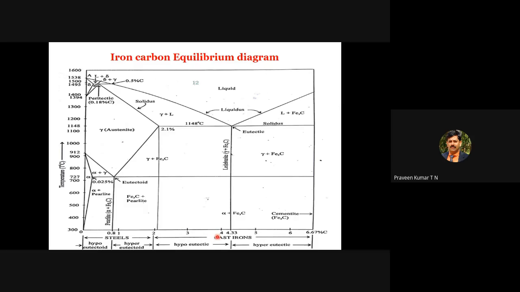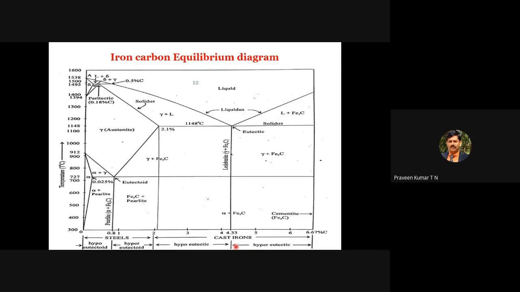Then again, in cast iron there are two types depending upon the eutectic composition. If the percentage of carbon is less than the eutectic composition, then it is referred to as hypoeutectic cast iron. Can you see the iron carbon diagram? Now if the percentage of carbon is more than 4.33, then it is referred to as hypereutectic cast iron.